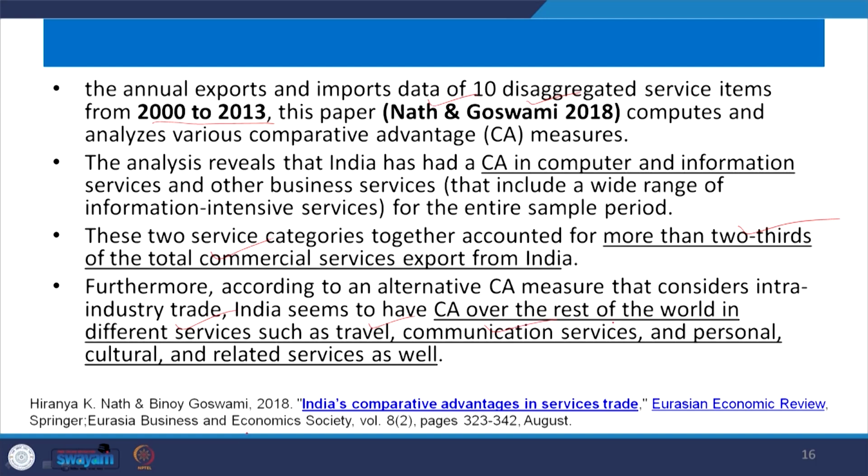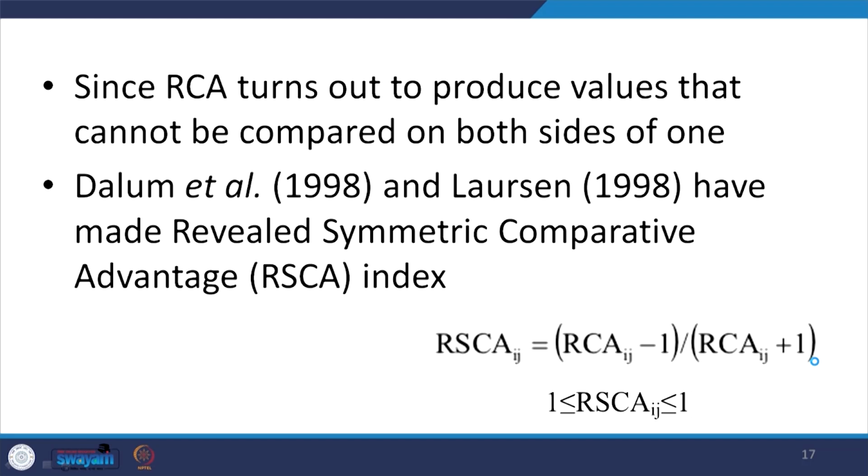The comparative advantage over the rest of the world in services such as travel, communication, personal, and cultural related services is also better in India as compared to other countries. This is highlighted by the Nathan and Goswami paper, published in Eurasian Economic Review.